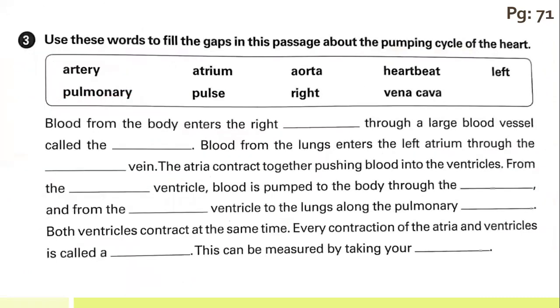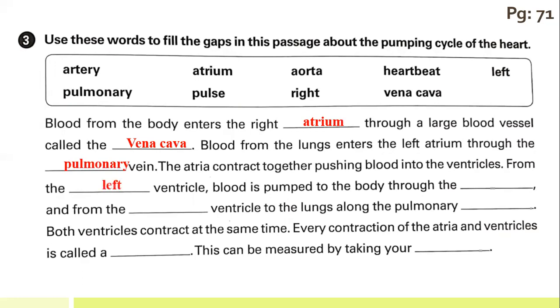Now come towards the third question. Use these words to fill the gaps in the passage about the pumping cycle of the heart. The passage is: blood from the body enters the right atrium through a large blood vessel, also called the vena cava. Blood from the lungs enters the left atrium through the pulmonary vein. The atria contract together, pushing the blood into the ventricles.